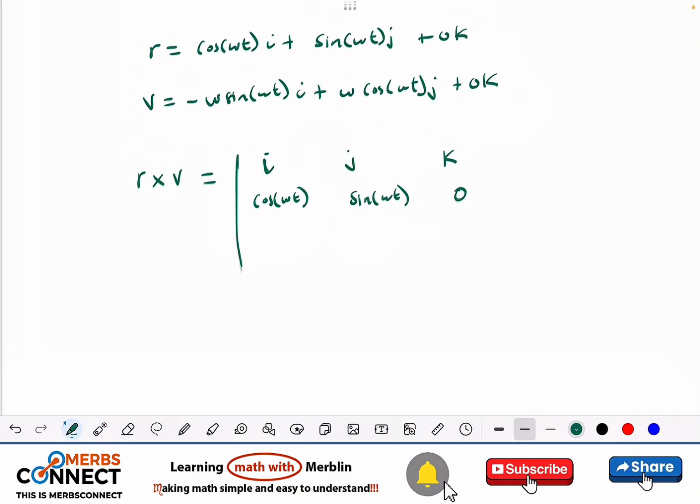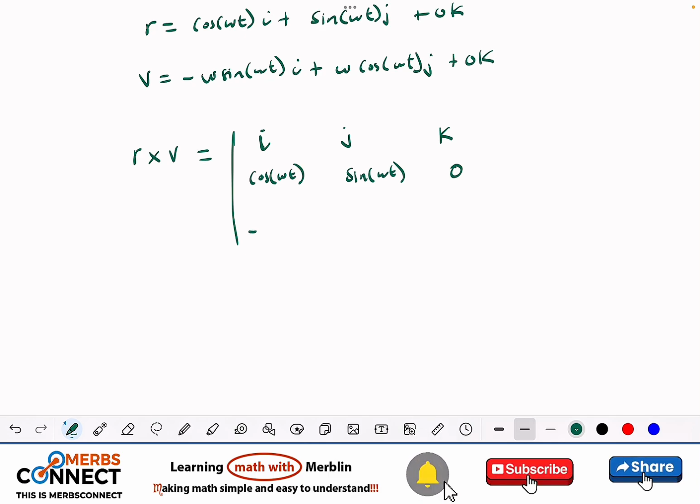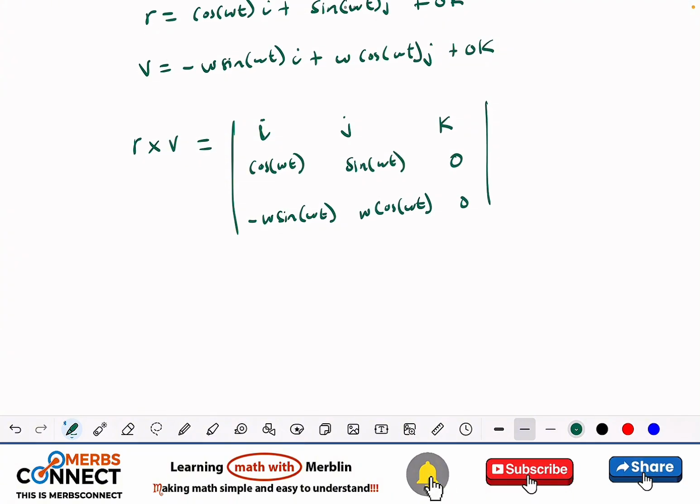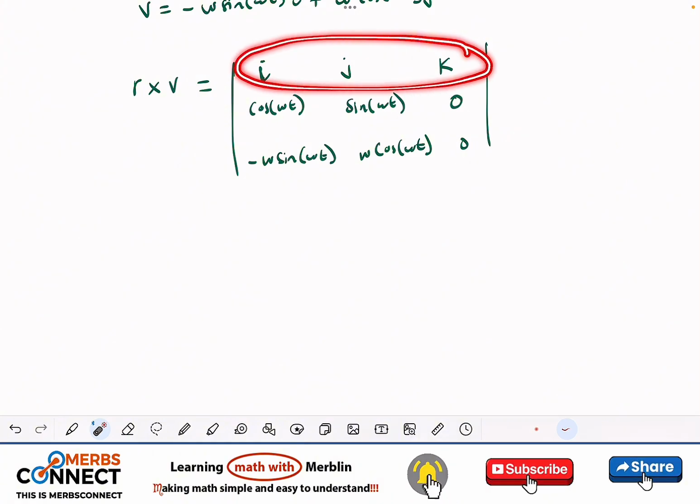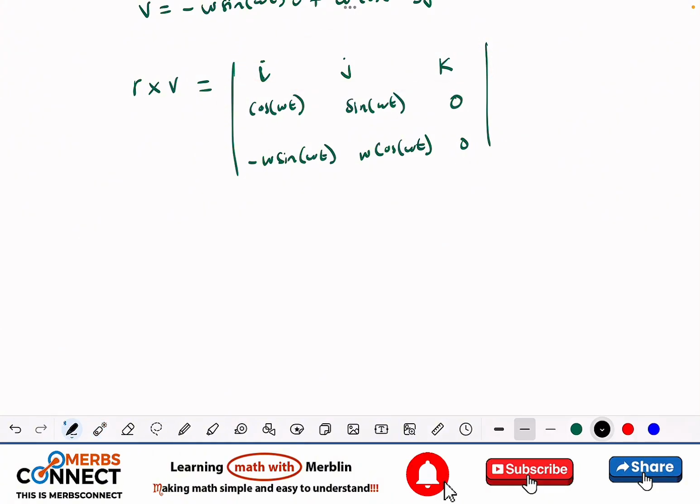And then this is minus omega sine omega t, omega cos omega t, and 0. So we know how to do the cross, right? With the cross, you can always think of picking the smart approach. I can just pick this column here, because if I pick this column, I just need to do the first one and everything here goes to 0. But if you still want to pick the first row, it's also okay.